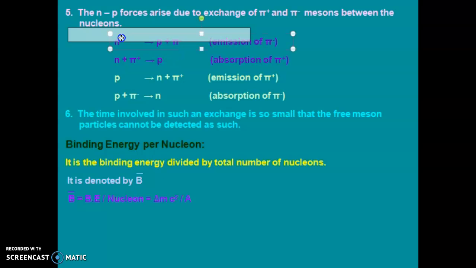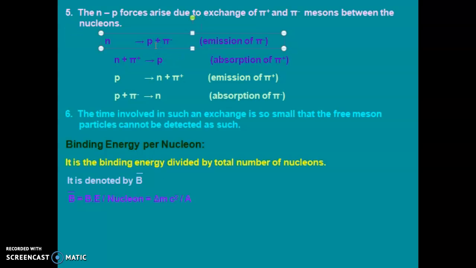To neutralize it, as we know, charge is always conserved in a reaction. To make it conserved, another particle called pi negative will be emitted, and a neutron may absorb pi positive and may change to proton.